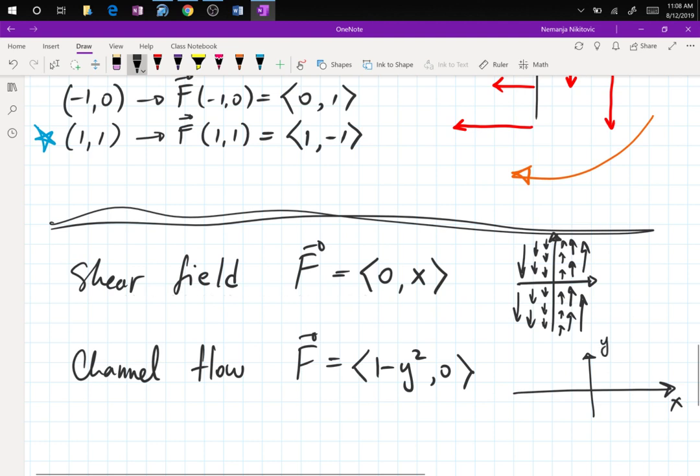So the longest vectors would be in the middle, and then the shorter vectors would go on either side, and then the shorter vectors still would go here, and the very short vectors. And when you get all the way, because it's a 1 over here, when you go up to y equals 1, they disappear.